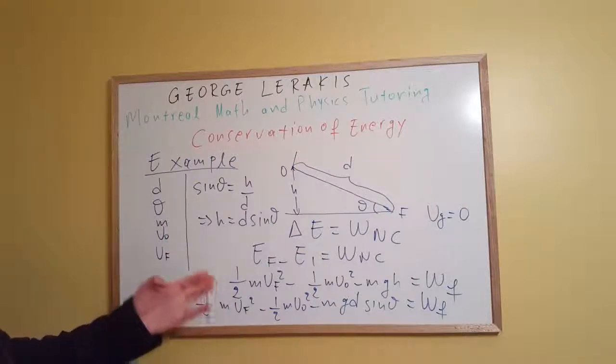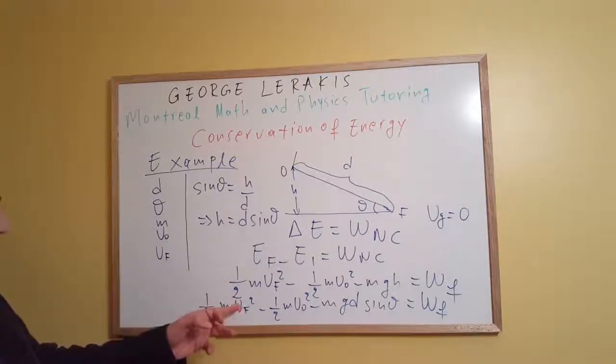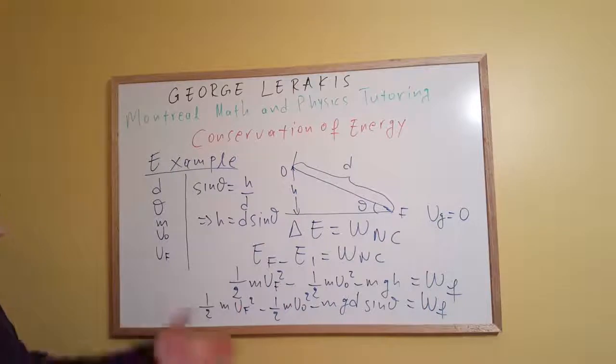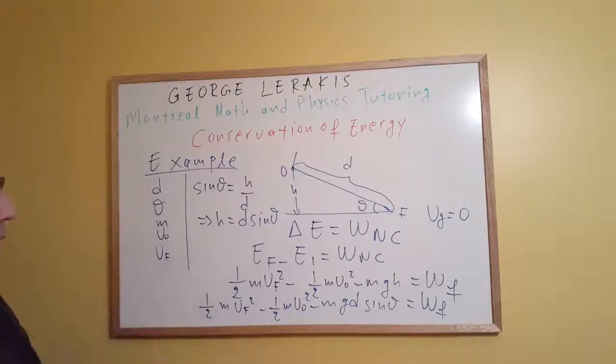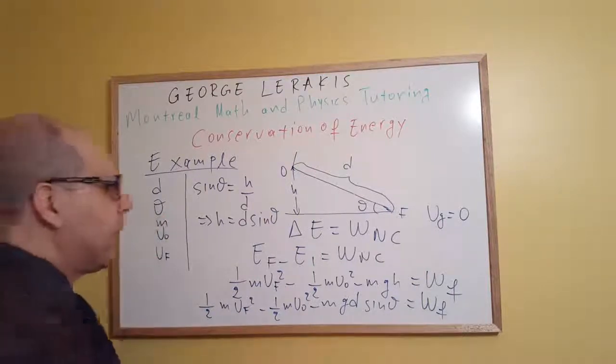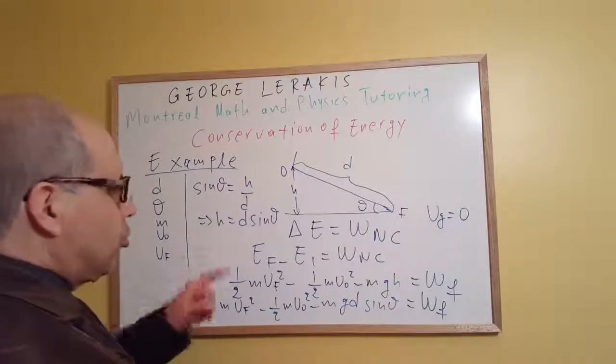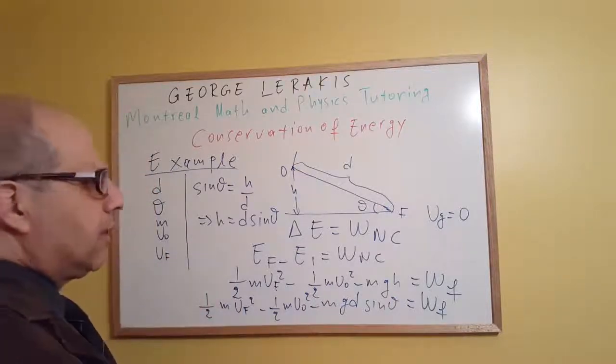And of course we know everything: the mass, the initial and final velocity, the d, the theta. So that's the answer for the first question, which is what's the work of the friction.